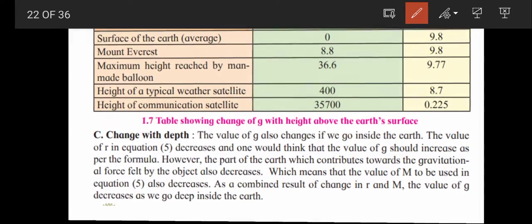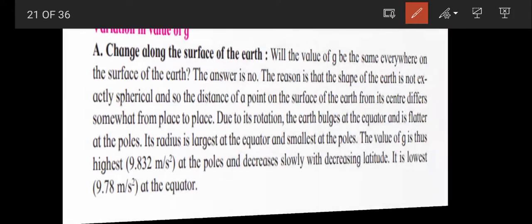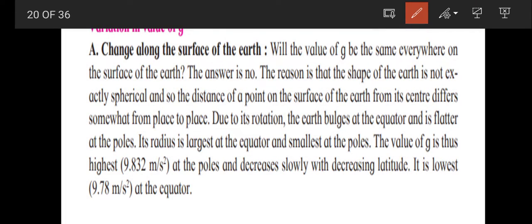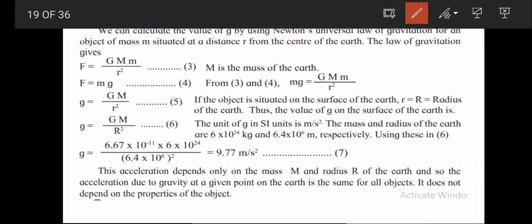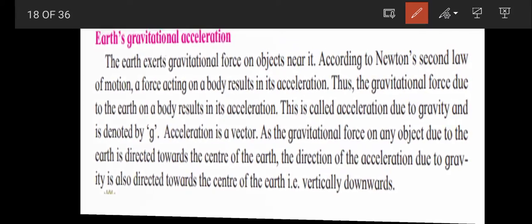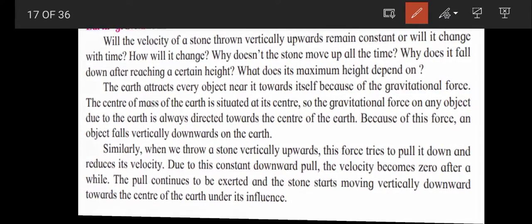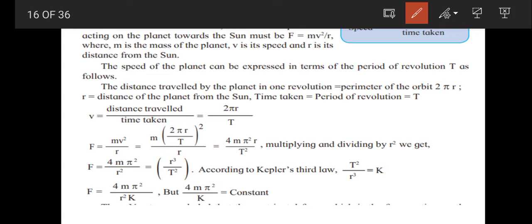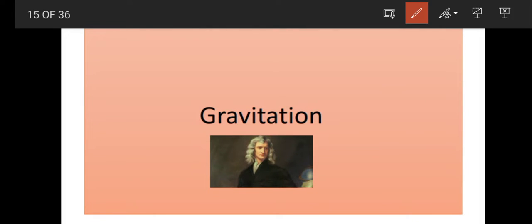Then we discussed the acceleration due to gravity and the three conditions, that means along the earth surface, on the earth surface, and deep into the earth surface. Then the chart, then derivation for gravity, gravitational force, then by using Kepler's third law, derivation for the force in the UCM. So this part we discussed today.